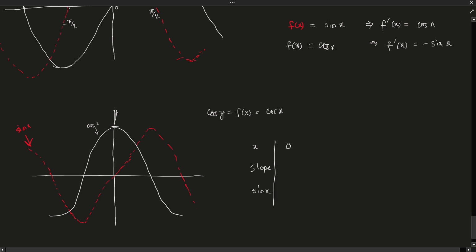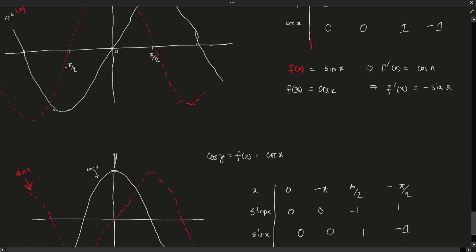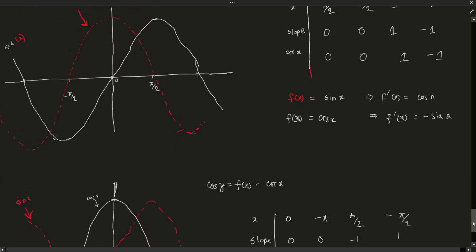So for x equal to 0 the slope will be 0, and for minus pi it's 0, for pi by 2 it's minus 1, and for minus pi by 2 it will be 1. So in sin x the values will be 0, 0, 1 and minus 1. So we are getting it like this.